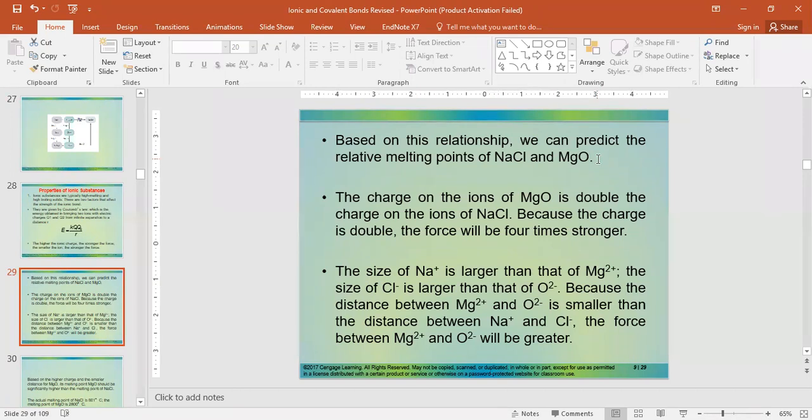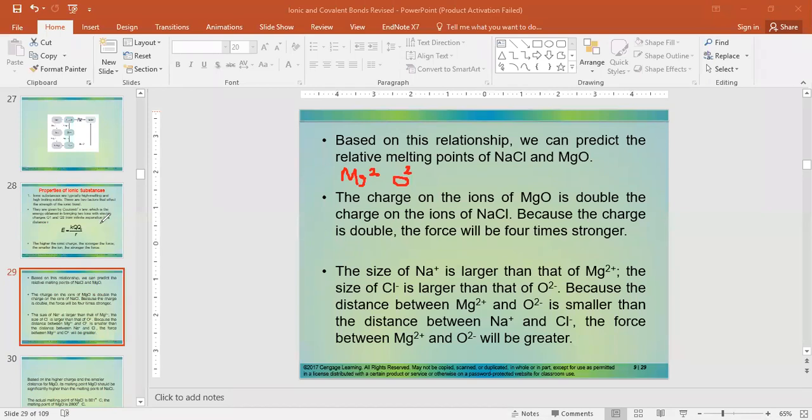And how does that one come? Now, the charge on the ions of magnesium oxide is double the charge on the ions of sodium chloride. Let me explain that. If I pick my highlighter again, you see magnesium as 2 and oxygen as 2.